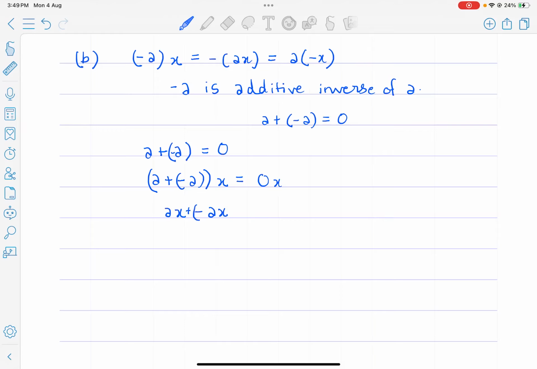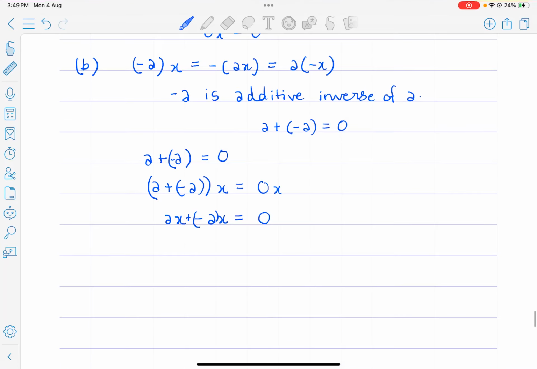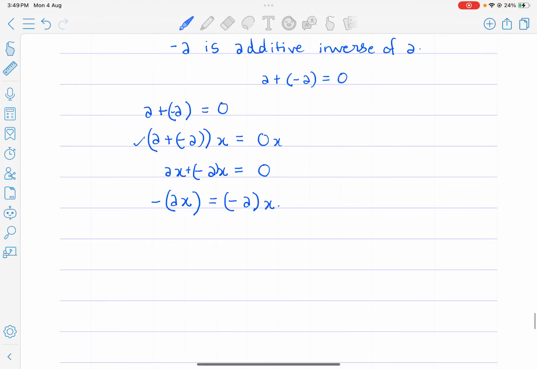This thing is equal to 0 because 0x is equal to 0, which we have proven here. The distributive law is in the definition of a vector space. So this gives ax plus (minus a)x is equal to 0, so (minus a)x is minus ax.